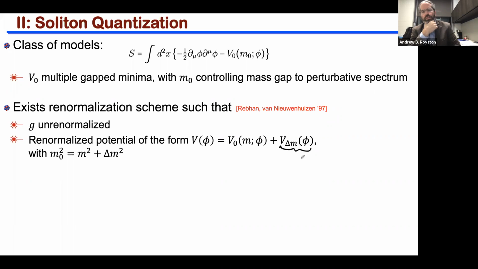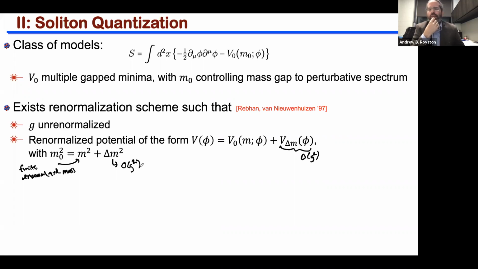So this is an order G squared correction. And what we're doing is we're replacing the bare mass with a finite renormalized mass. This is the order G squared correction.